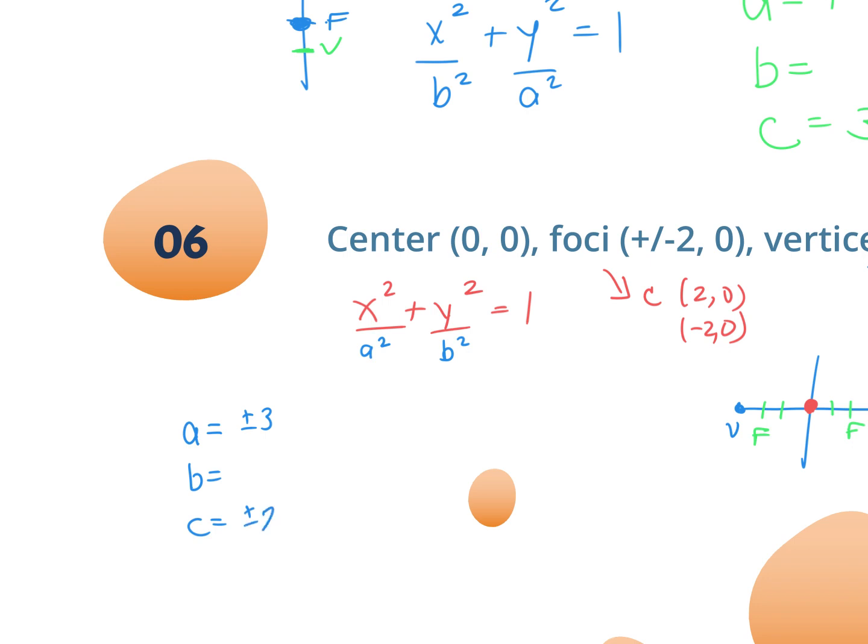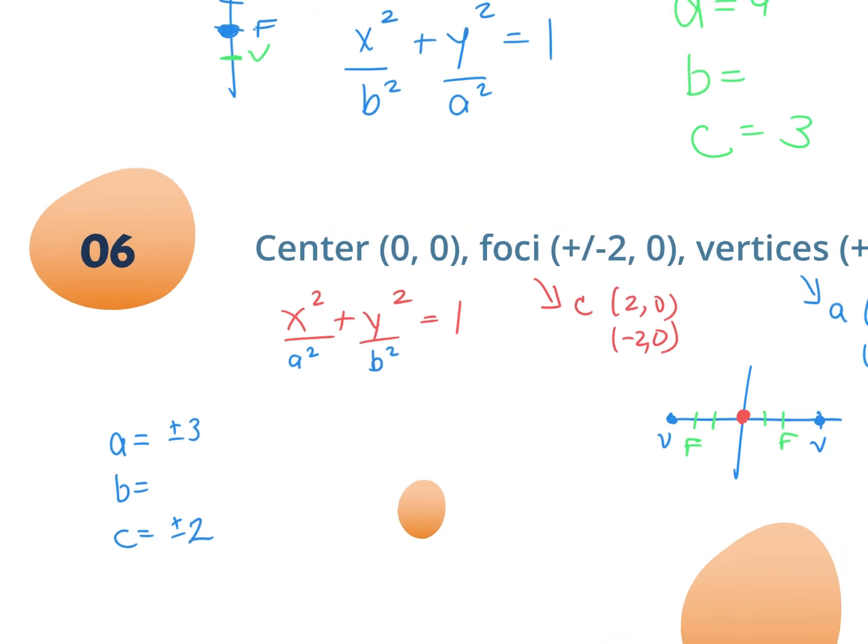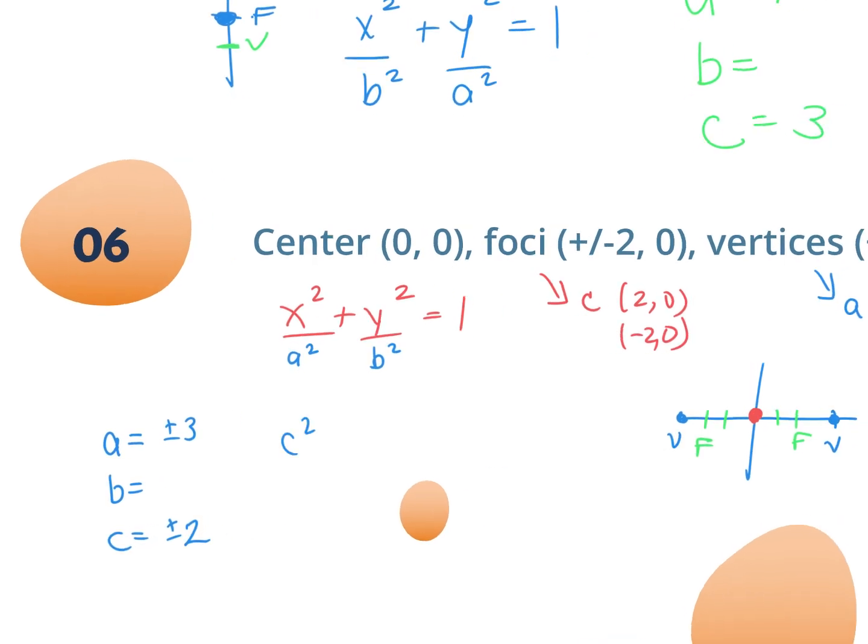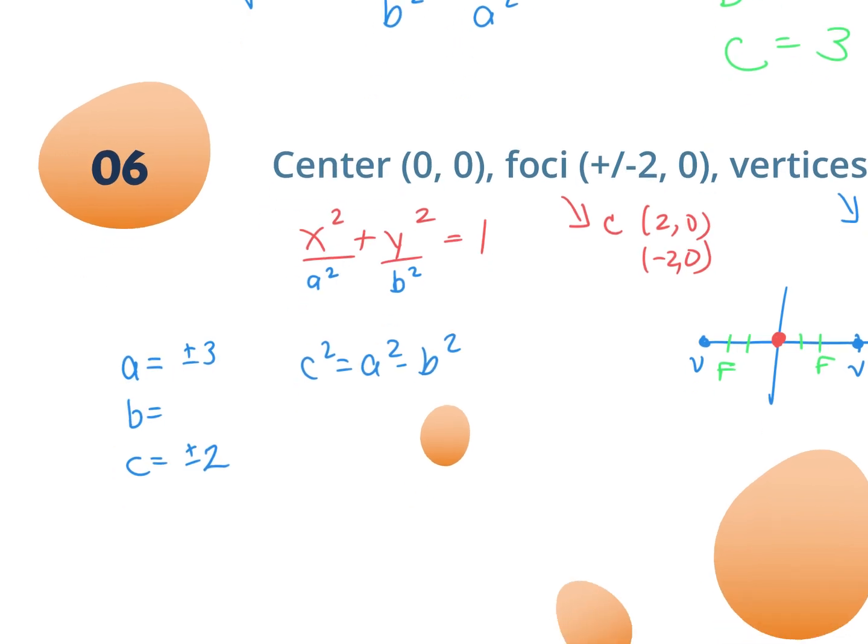Plus or minus 2. Okay, again, when you plug this back into C squared equals A squared minus B squared, like Hannah just asked, does it matter which one you use? No, because you're going to square it. But how would I find my B value now? I'm going to say C squared equals A squared minus B squared. So I have 2 squared equals 3 squared minus B squared.